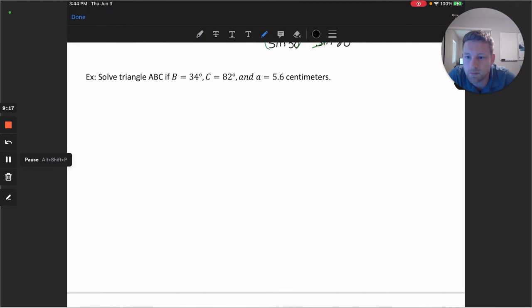So in this next problem, we have: solve the triangle ABC if B is equal to 34 degrees, C is equal to 82 degrees, and side length A is 56 centimeters. So again, let's try to draw a picture here. We'll have a nearly right angle at the top and a 34-degree angle somewhere at the bottom.